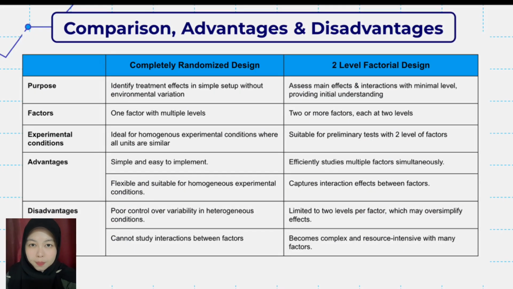So now I will compare between completely randomized design and two-level factorial design. First, completely randomized design is ideal for identifying treatment effect in a simple setup, especially when there are no environmental variations and all the experimental units are similar. In contrast, two-level factorial design is better for studying the main effect and interaction between factors, offering an initial understanding of the relationships.